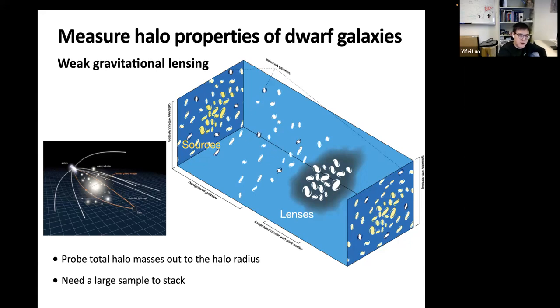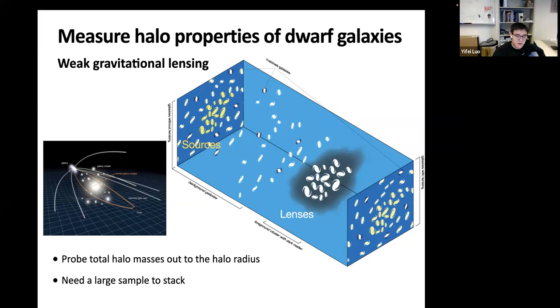Here, when I talk about lensing, it's particularly weak gravitational lensing. We measure the distortion of the background galaxies to derive the total mass of the lens galaxies. In this way, we can measure basically the whole dark matter halo properties of those lens galaxies.